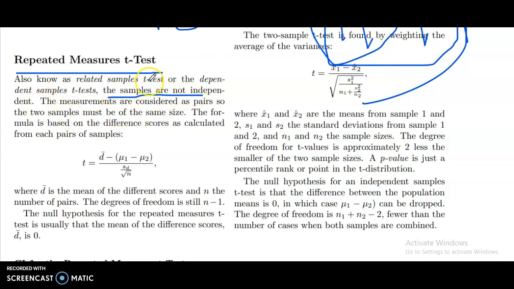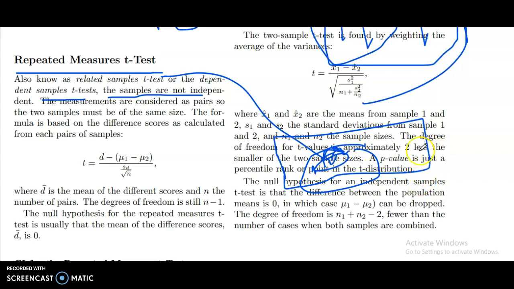The measurements are considered as pairs, so the two samples must be the same size.